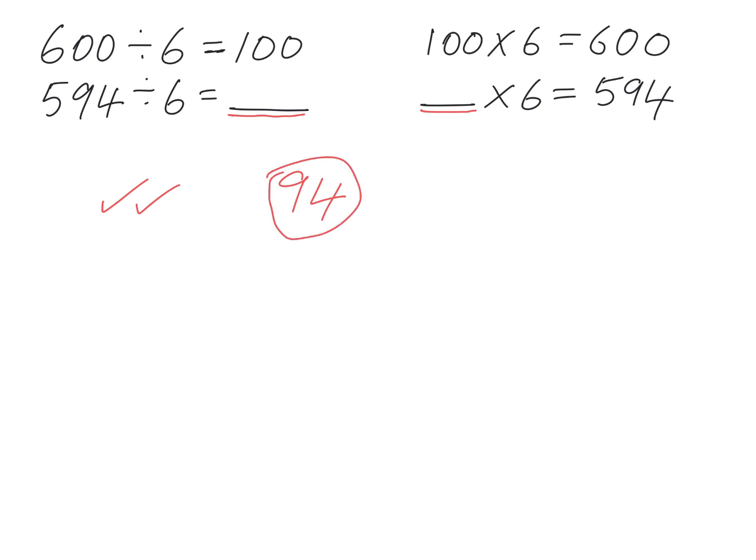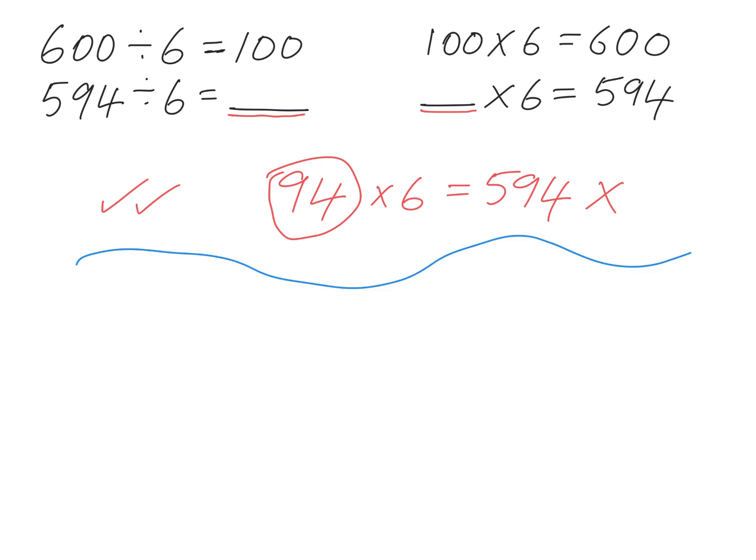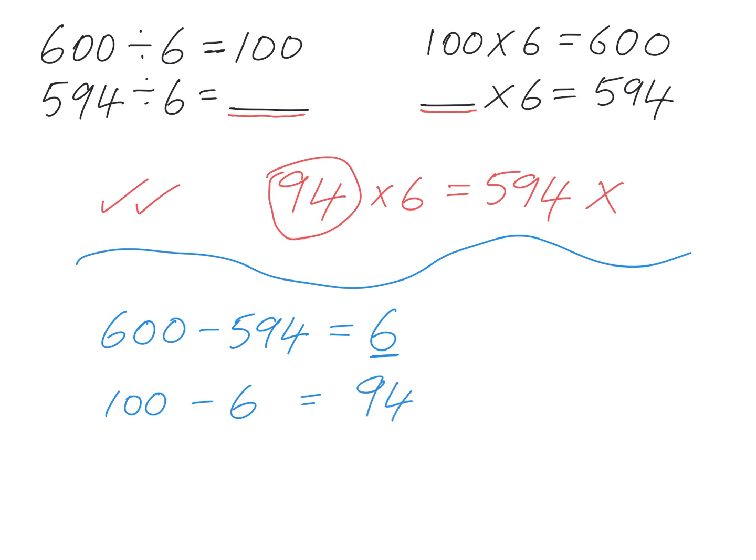They were thinking that 94 groups of 6 equals 594, which was incorrect. When we dug into the 94, students were saying things like 600 minus 594 equals 6. So then we do 100 minus 6, which is 94.